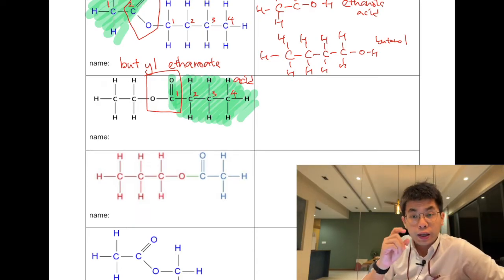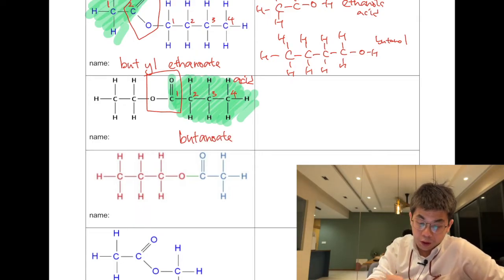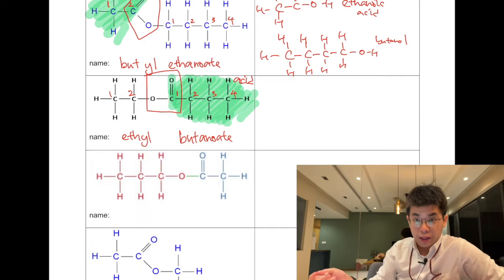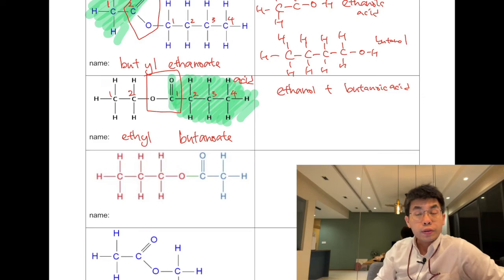So this is a noate, 4 is my prefix, but, butanoate. On this side, 1, 2, so ethyl, ethyl butanoate. Ethyl butanoate comes from ethanol plus butanoic acid. You can go and draw it up yourself.